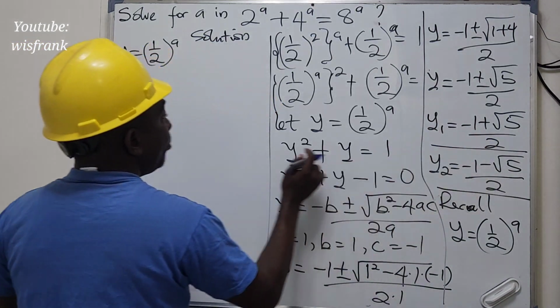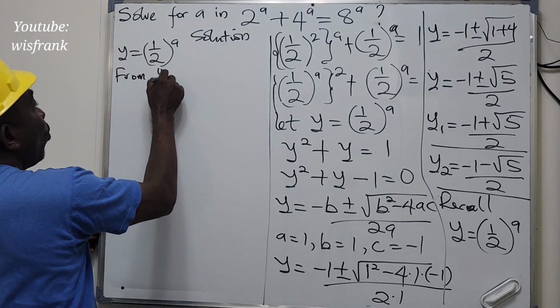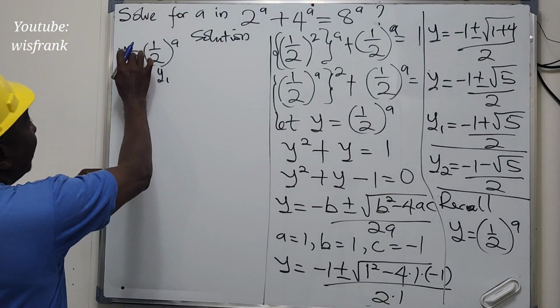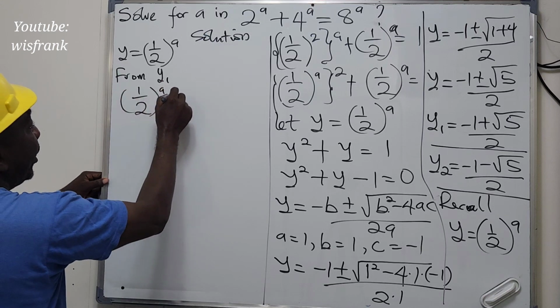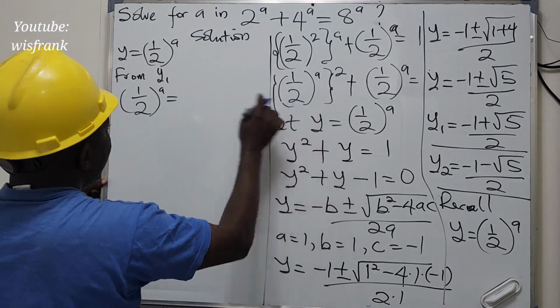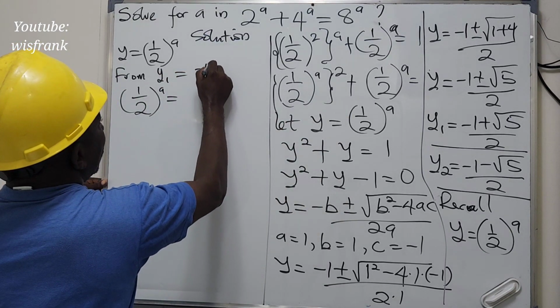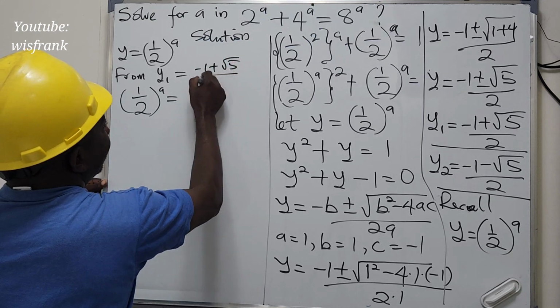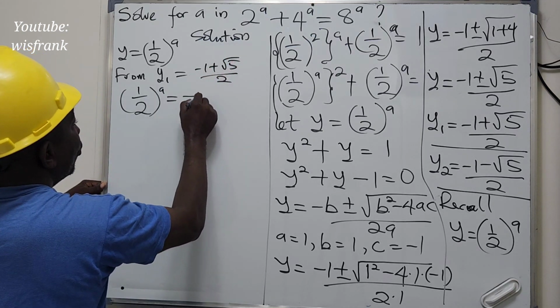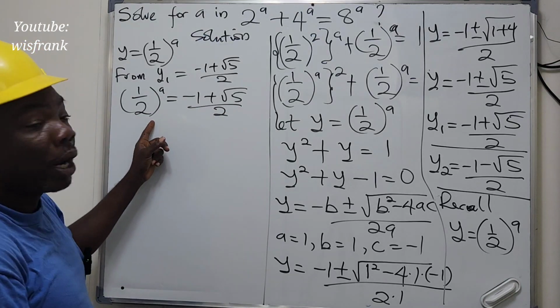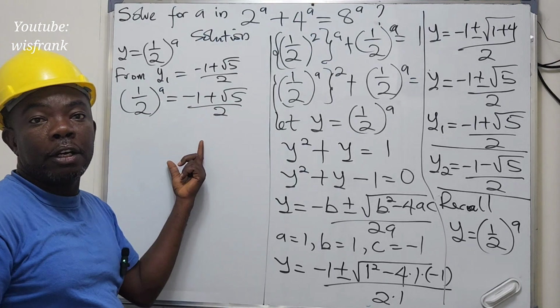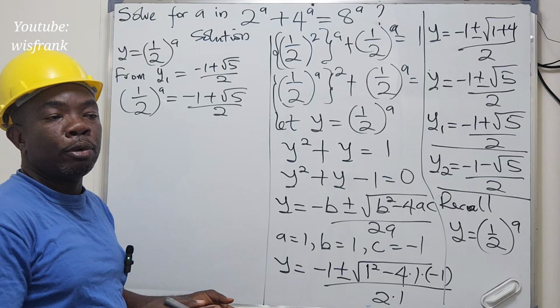So from y1, we have y equals (1/2)^a equals y1, which equals (minus 1 plus root 5) all over 2. So this becomes (minus 1 plus root 5) all over 2. To find the value of a, we need to apply log to both sides.